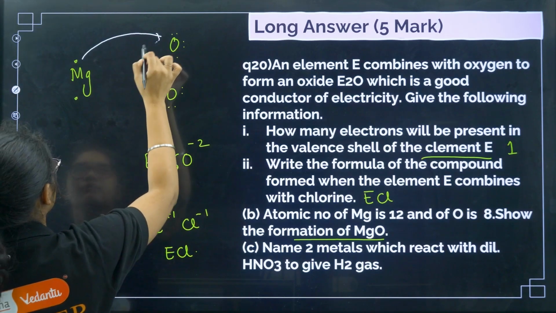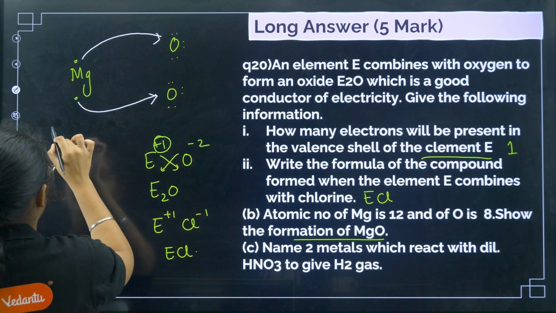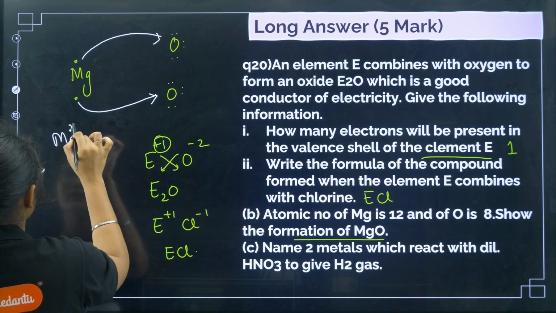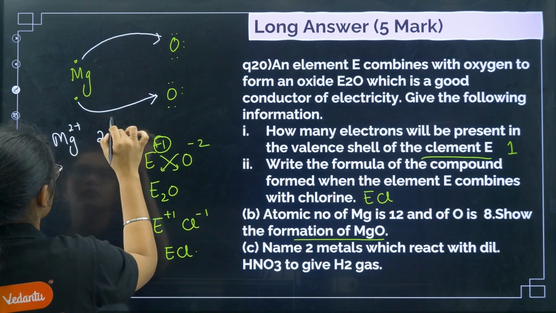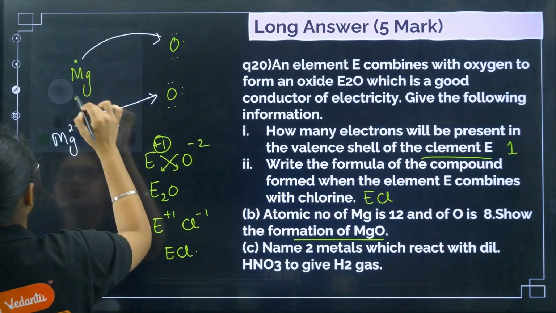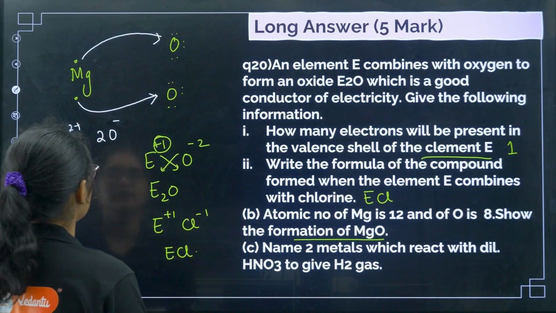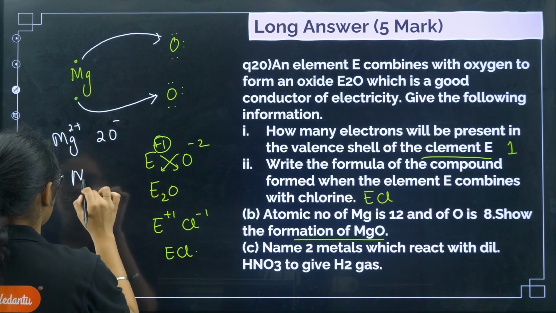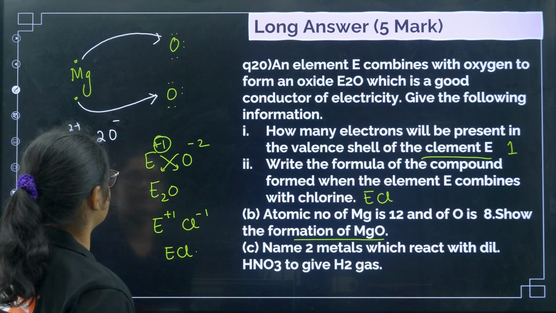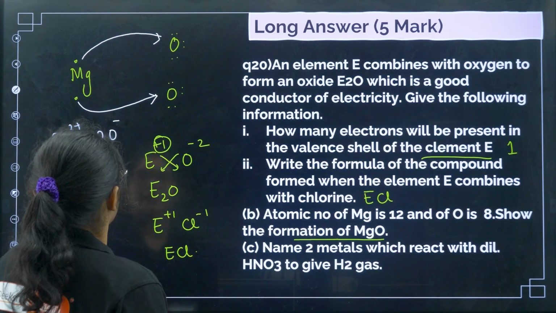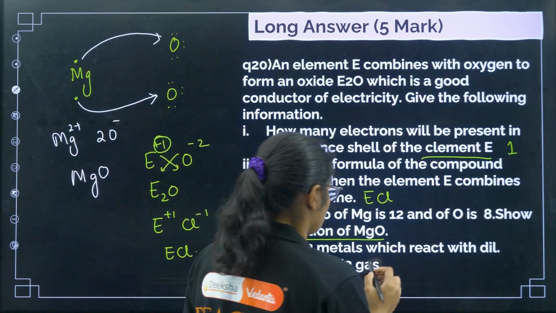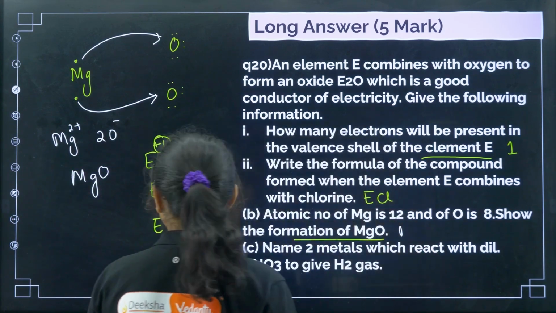Magnesium donates 1 electron here and 1 electron here, and we get Mg2+ and O2-. Now when the two combine, we get magnesium oxide, right? So we have shown the formation of MgO.